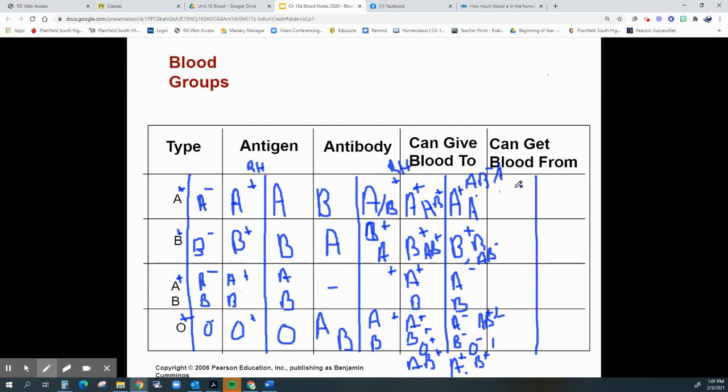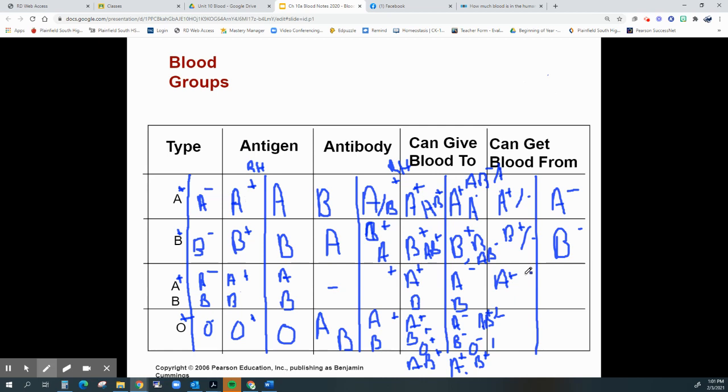Okay. Receiving blood: if you're A positive, you can get blood from A positive and negative. If you're A negative, you can only get blood from A negative. If you're B, B would be B positive as well as negative. This one would be just B negative. AB could be AB positive.